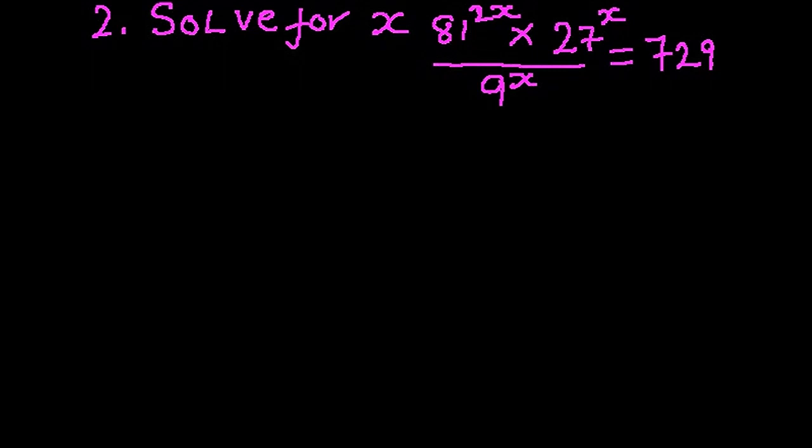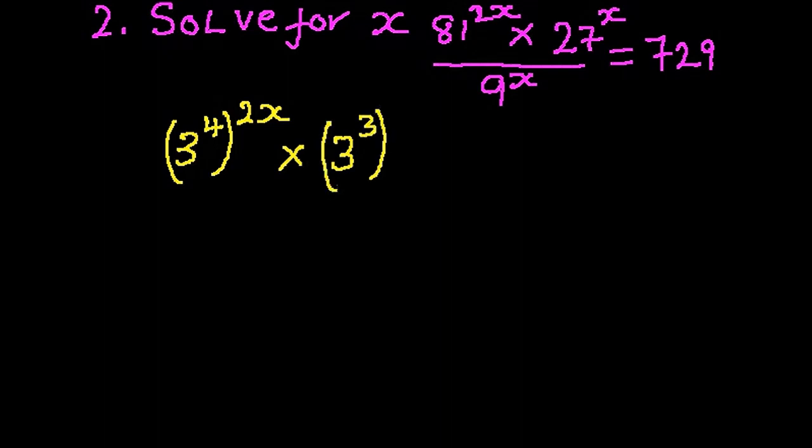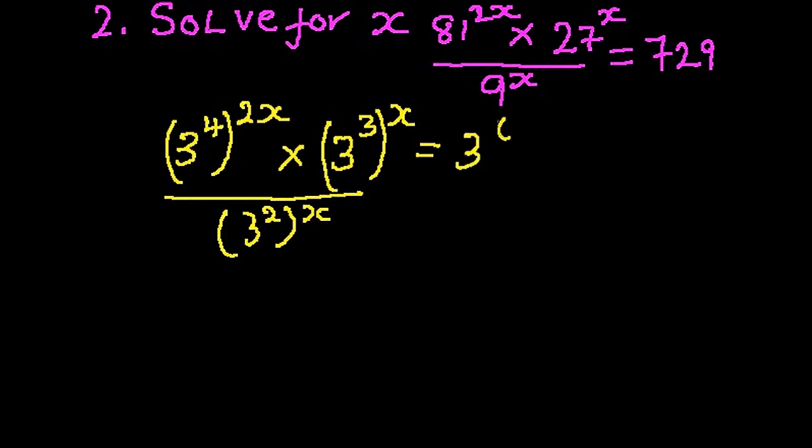So let's try to establish a common base so that we apply the rules of indices. 81 is the same as 3 raised to power 4, all this in brackets raised to power 2x, multiplied by 27, which is the same as 3 cubed, all this raised to power x. 9 is the same as 3 squared in brackets raised to power x. 729 is the same as 3 to power 6.